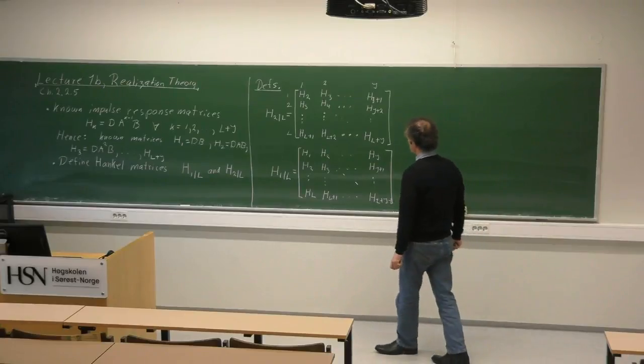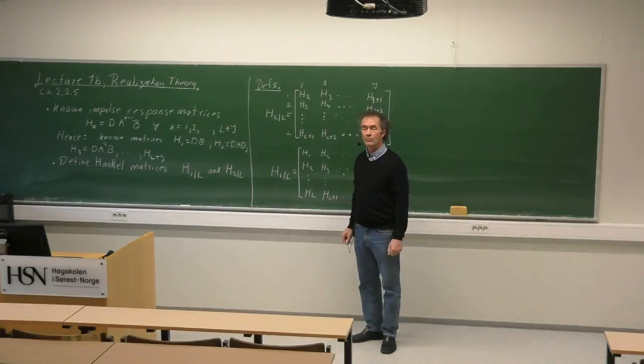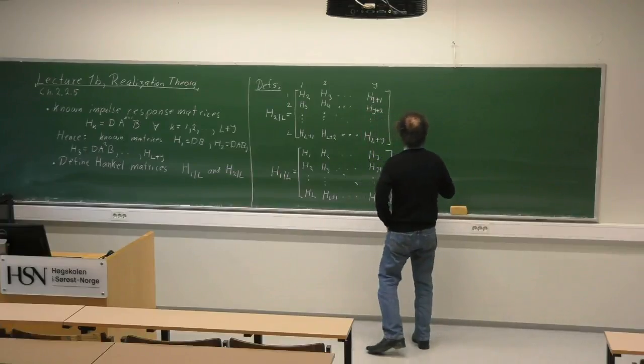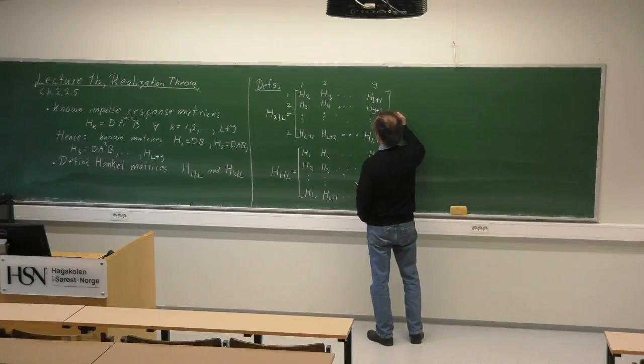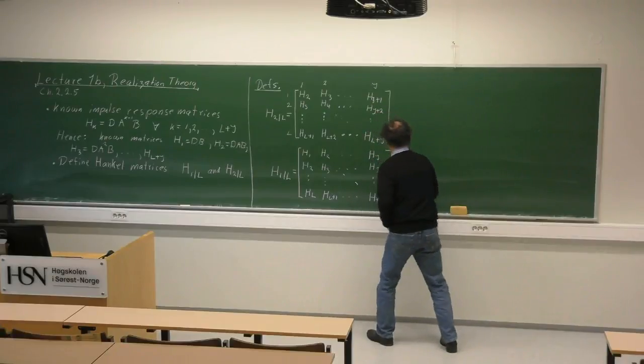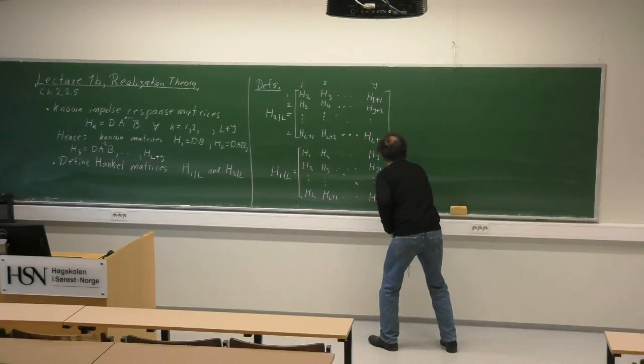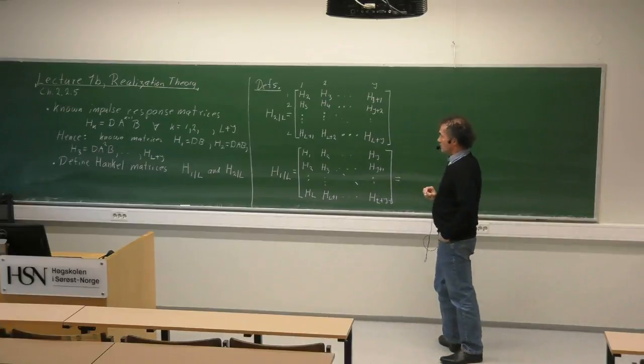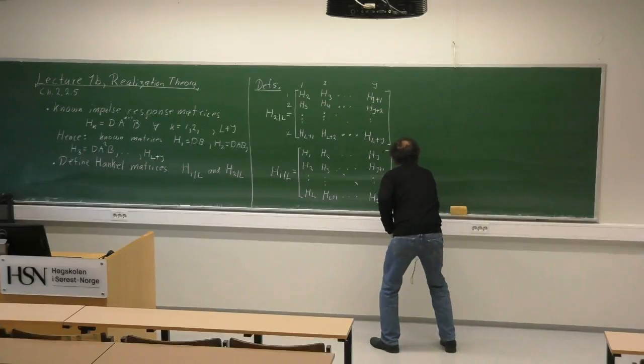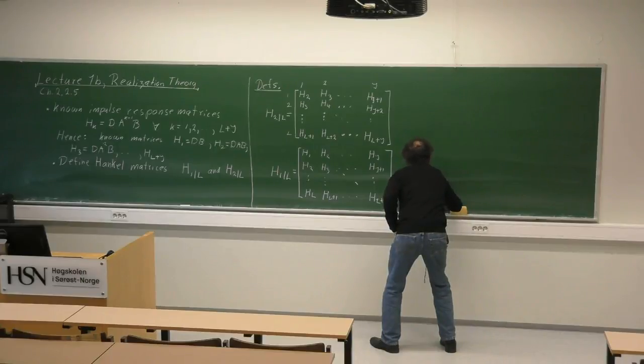You see, those Hankel matrices are related to the so-called controllability matrix and the observability matrix. Like this. So this first Hankel matrix can be seen to be equal to the product of the extended observability matrix O_L times C_J.